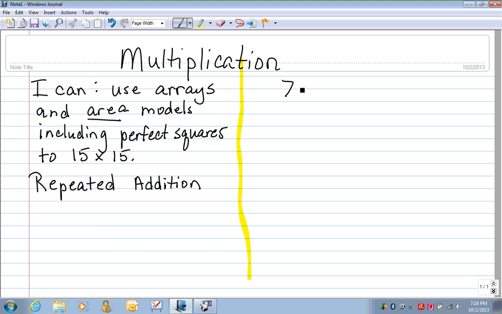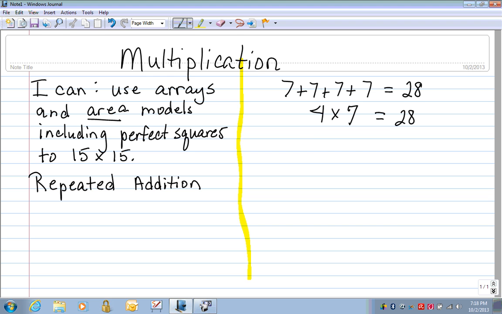If I have 7 plus 7 plus 7 plus 7, and I add them together, it equals 28. I can easily write this as multiplication because I have 4 7s. 4 times 7 equals 28.